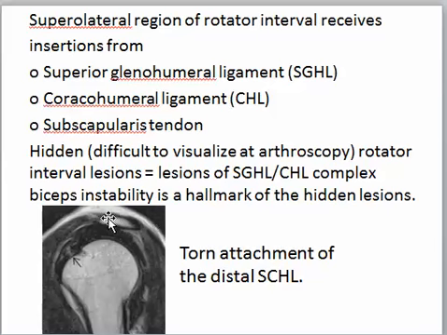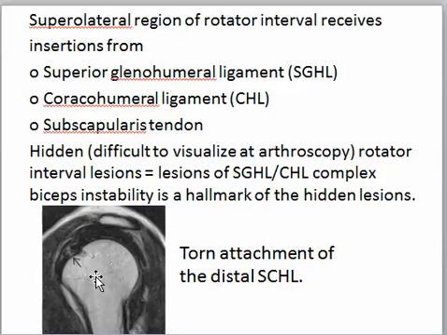This is the acromion, and this is the region of the supraspinatus, and here is the subscapularis region, and this is the region of the infraspinatus and teres minor, and here should be the region of the biceps tendon.